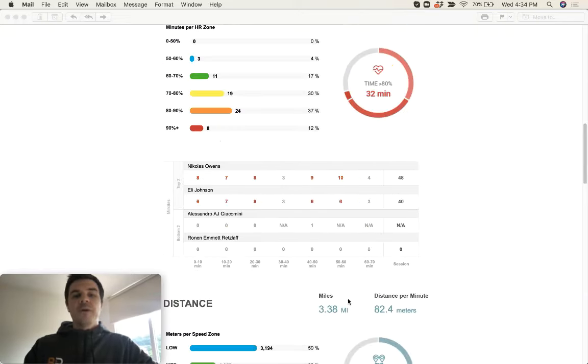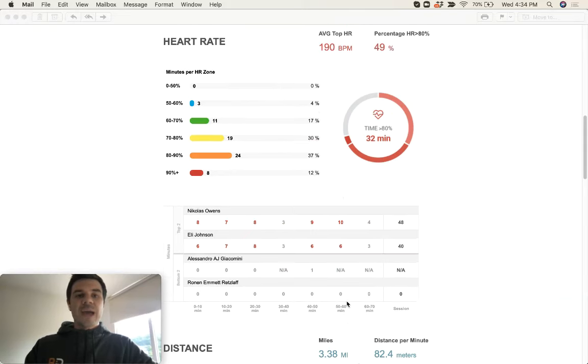Moving on to the second metric, we have the heart rate. The main thing that we highlight is how many minutes the players spend working in what's called their red zone, time above 80% of their maximum heart rate. On average, the group spent 32 minutes working in that red zone.